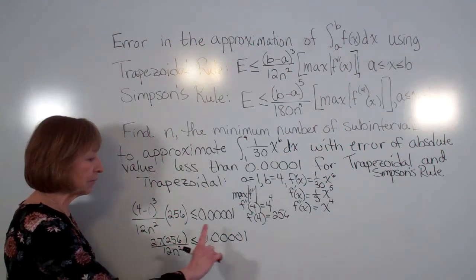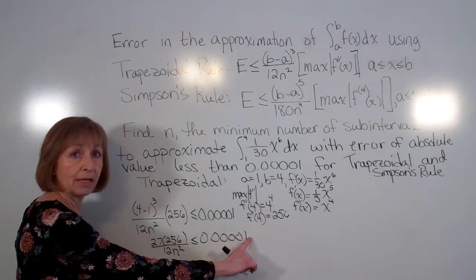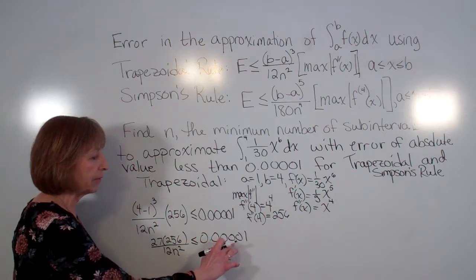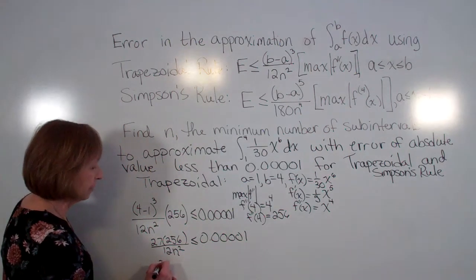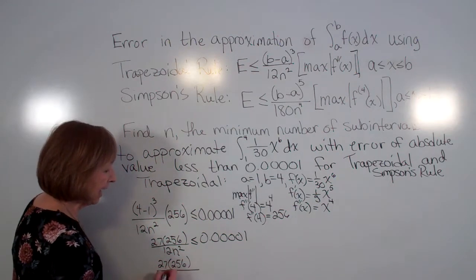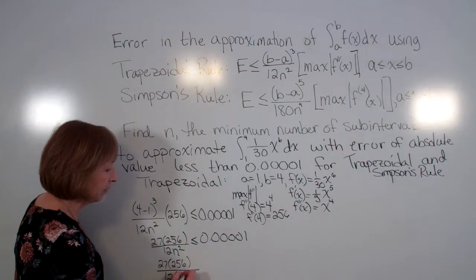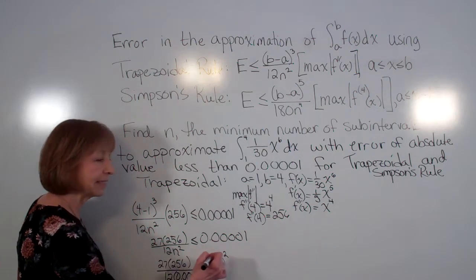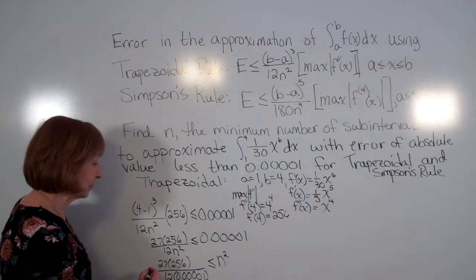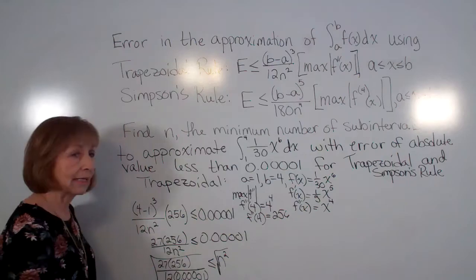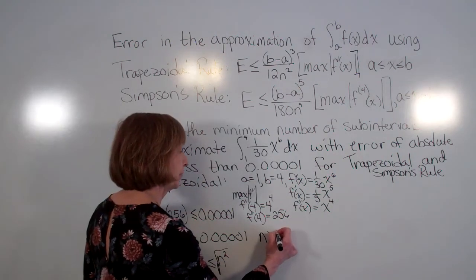So I'm going to multiply both sides by n squared, then divide both sides by 0.00001. So I'll have 27 times 256 divided by 12 times 0.00001 is less than or equal to n squared, and then take the square root of both sides.